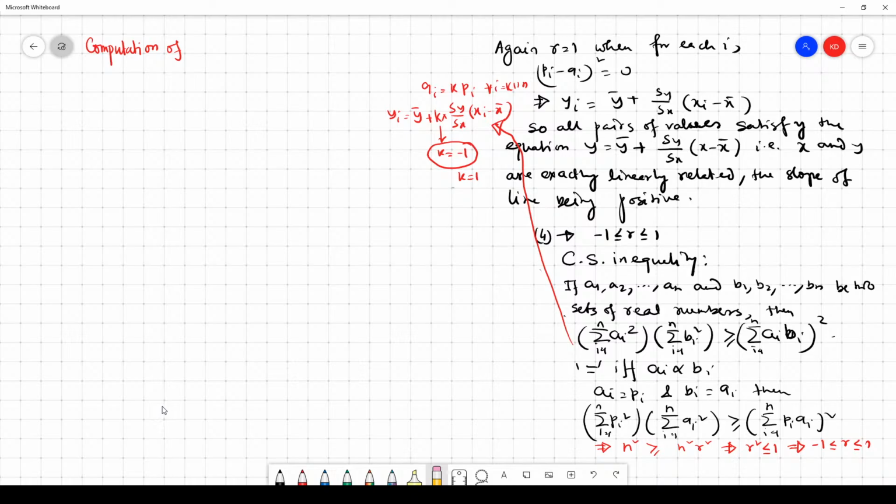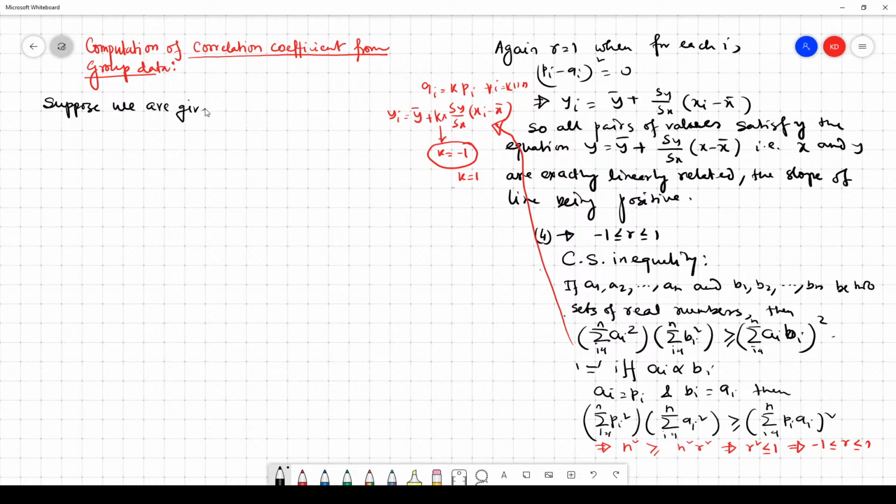Computation of the correlation coefficient from grouped data.